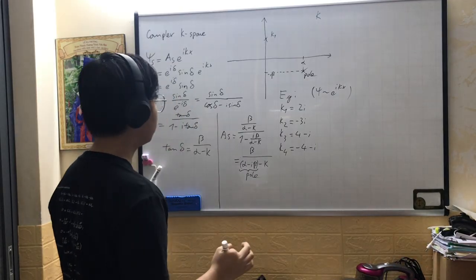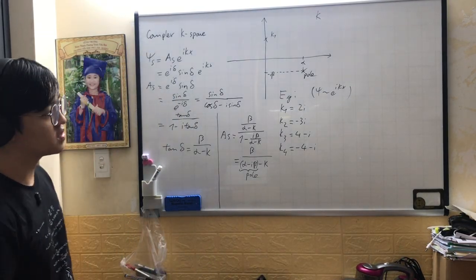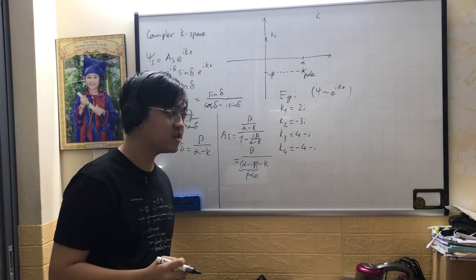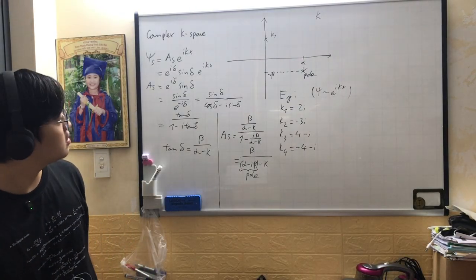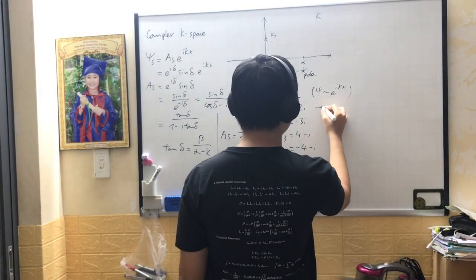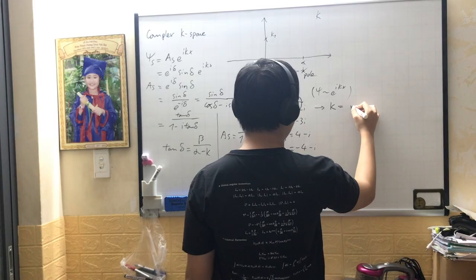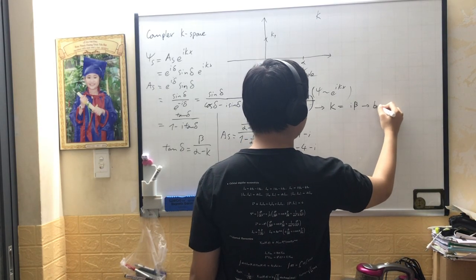And this point on the positive side of the imaginary axis of k would indicate a bound state. So that is the general rule. When you have your k equal to iβ, that would indicate a bound state.